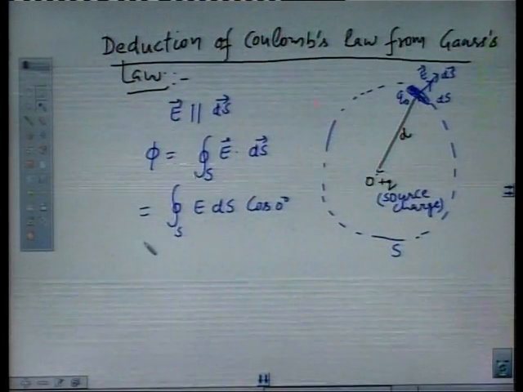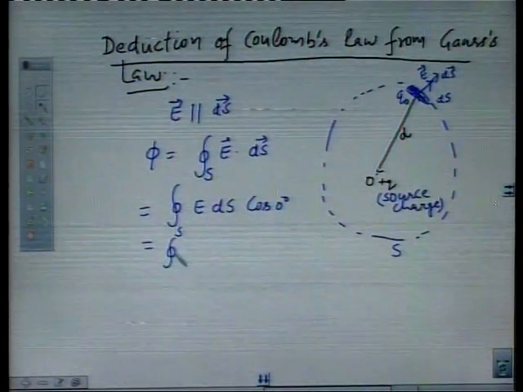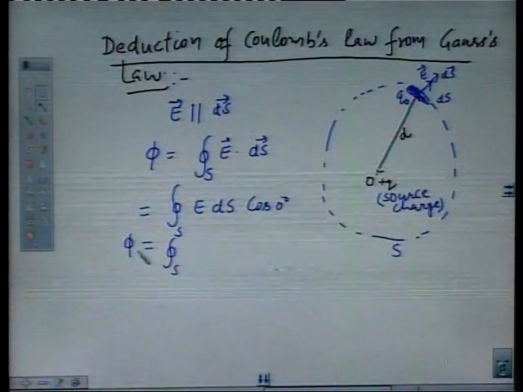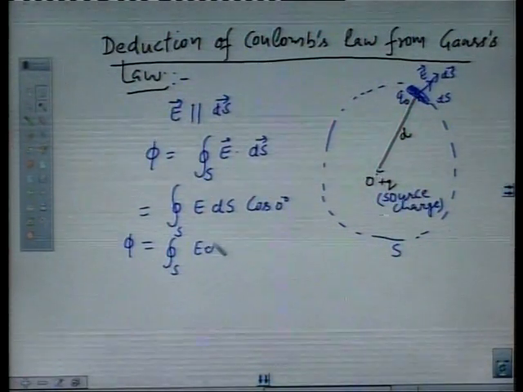Cos 0 is 1, so we have phi is equal to integration of E into ds.